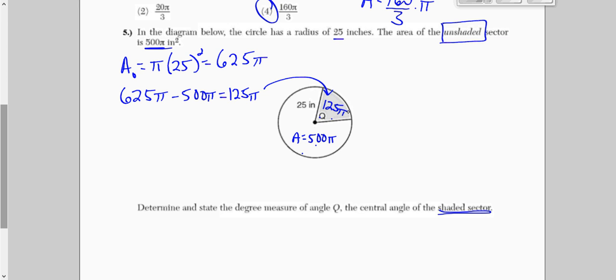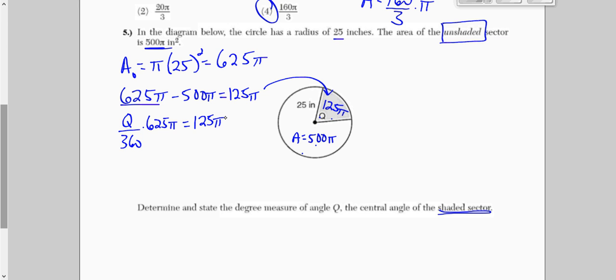Now we can use the area formula for that sector and find the measure of angle Q. So angle Q out of 360 multiplied by the entire area, which we already know is 625 pi, pi r squared. Some fraction times 625 pi will give us 125 pi. Let's divide pi out of both sides first.